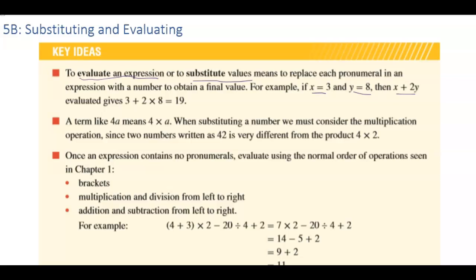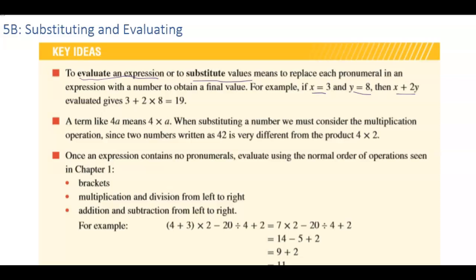All right, the second point, a term like 4a, you should know, is 4 times a. So there's an imaginary multiply sign in between the 4 and the a. When substituting a number, we must consider the multiplication operation, since 2 numbers written together, 42, is very different from the product 4 times 2.